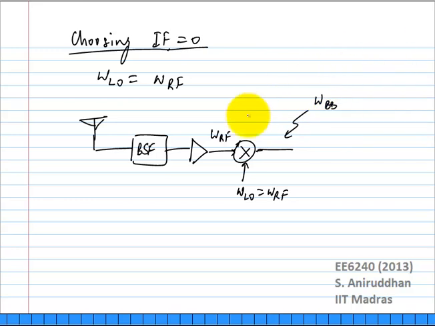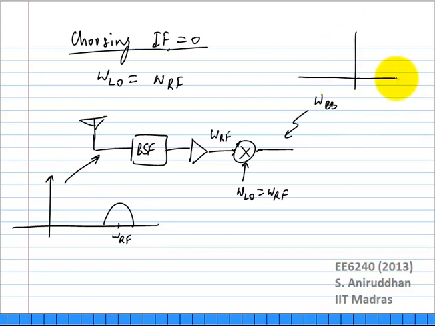So in other words, I'm just showing the positive side. I had the signal at omega RF. At this point, I'll get a signal directly around baseband. What do I do next?